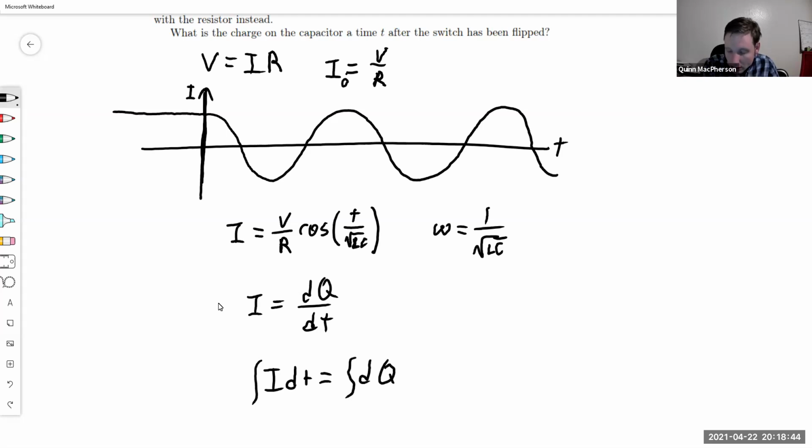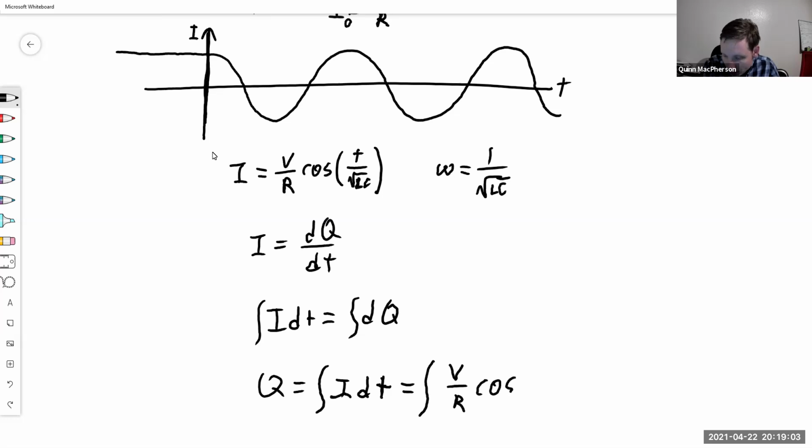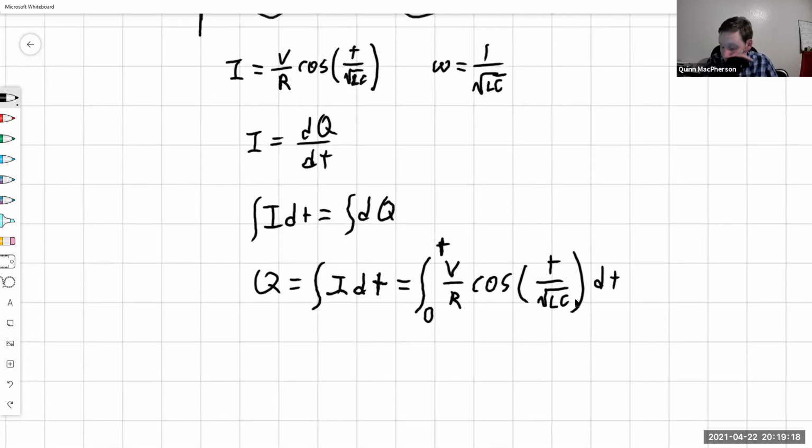Integrating both sides, we get q equal to the integral of I dt. We know what I is. I is this thing up here, so we can plug that in: the integral of V over R cosine of t over the square root of LC, from time 0 to time t, dt.